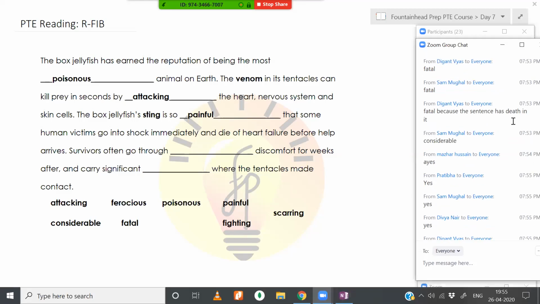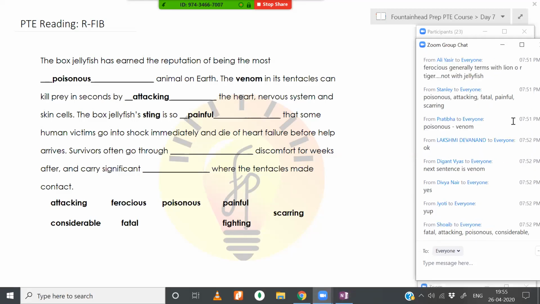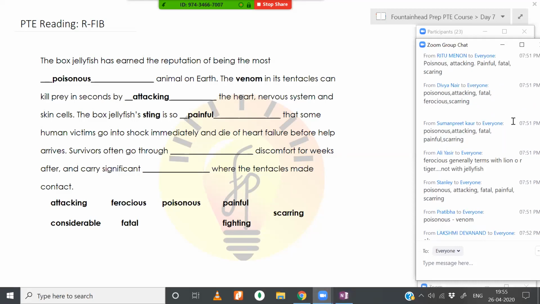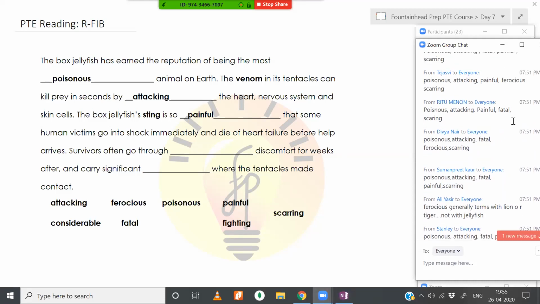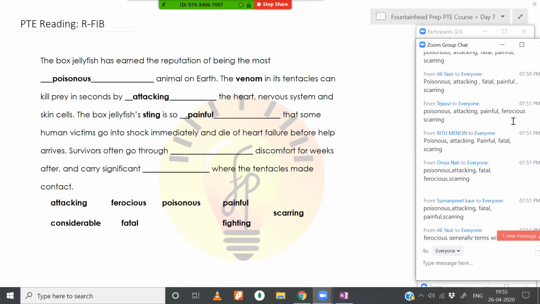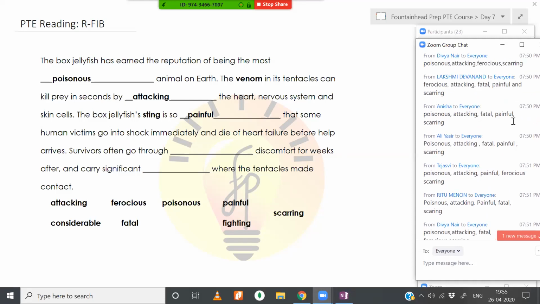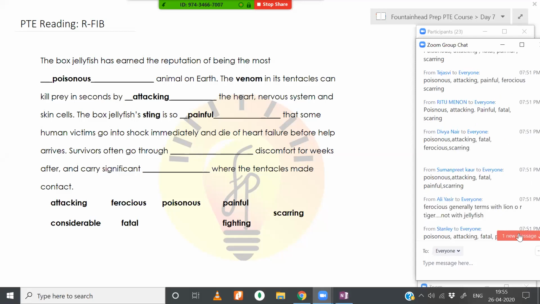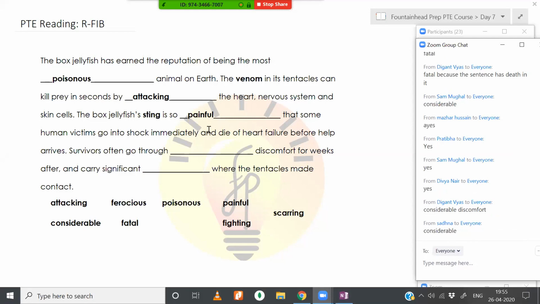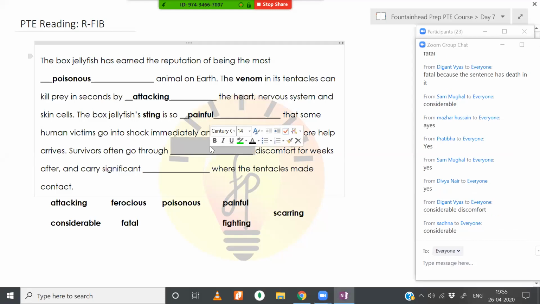So, how many of you have written this as considerable? Did you guys miss this word? A lot of you mentioned fatal, so you substituted painful here. It's not painful here. It's considerable.